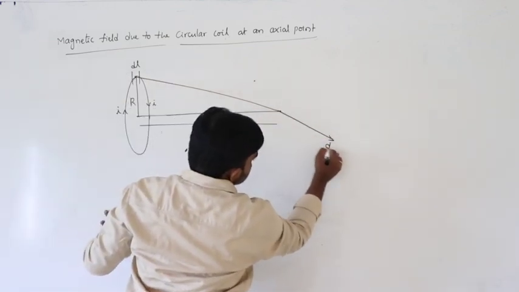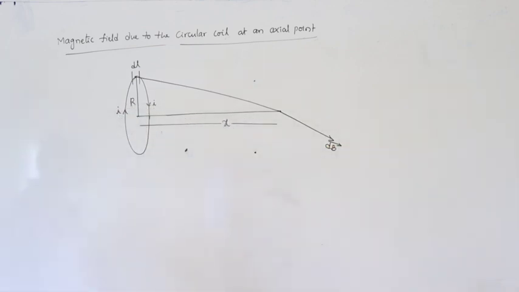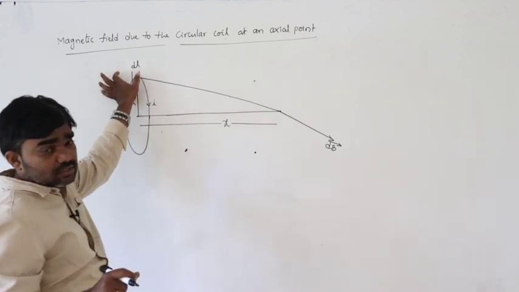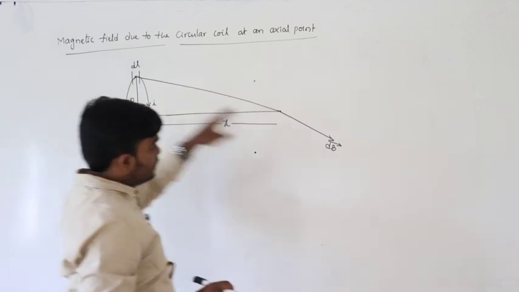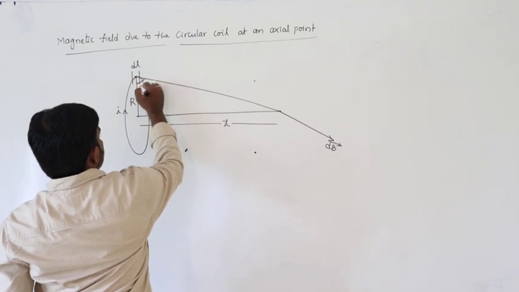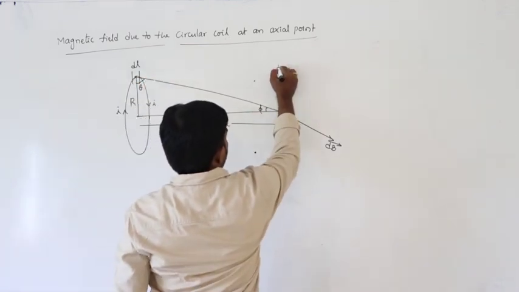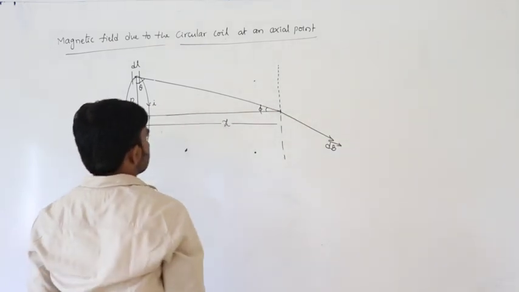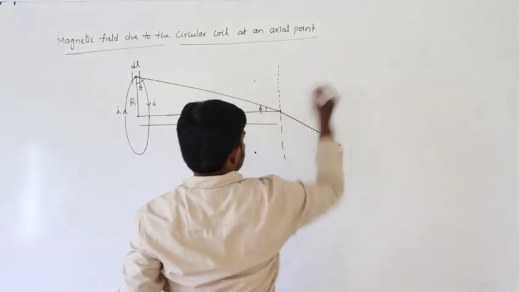Let us say it is dB bar, the small magnetic field due to the small length element dl. Let us say here it is theta and here it is phi. If we draw the perpendicular here, this is phi and this is 90 minus phi, next is again phi.